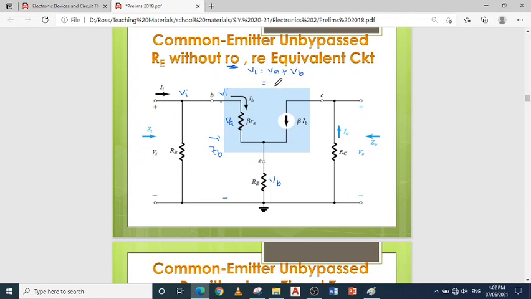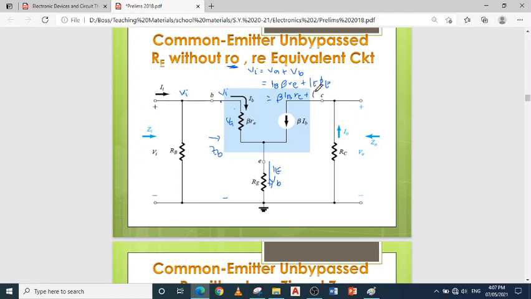VA is equal to, take note, IB flows here, and here it is IE. So, VA is IB, the current flowing, times the resistance, that is beta RE, plus VB, which is IE times RE. But IE is equal to beta plus 1 times IB.